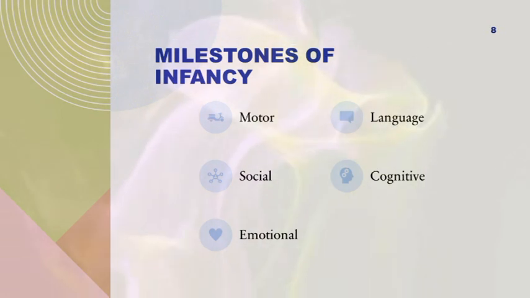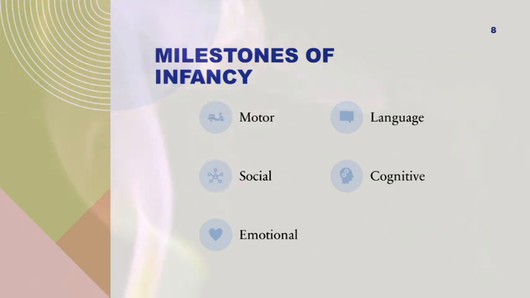They engage in reciprocal interactions with caregivers and exhibit social referencing, and the ability to interpret others' emotional expressions and to respond accordingly. And these early social experiences lay the foundation for later social competence and emotional regulation.